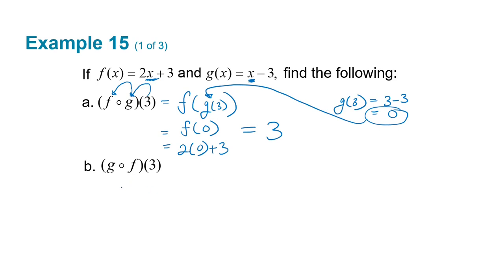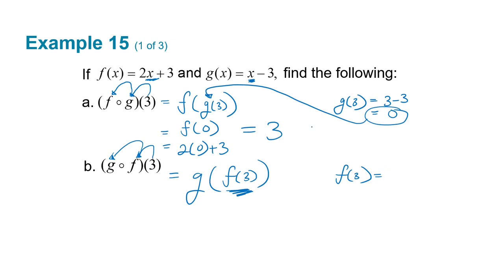In part B, I want to find g of f of 3, which means we'll plug a 3 into f, figure out what that is, and then plug that into g. Let's figure out f of 3 first. We'll start with the inside.